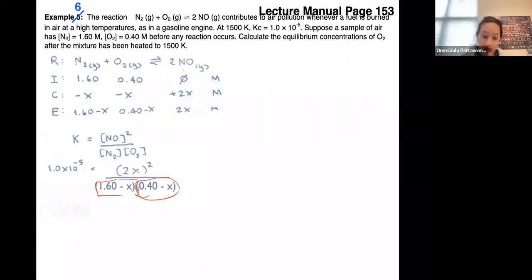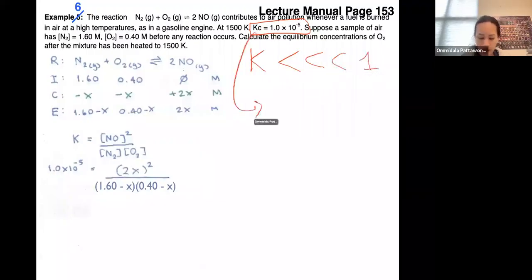So before we do that, we actually need to check the value of Kc first in order to see if we can use approximation or not. This Kc value given to us is a lot less than 1. It is equal to 0.00001, so it's a lot less than 1.